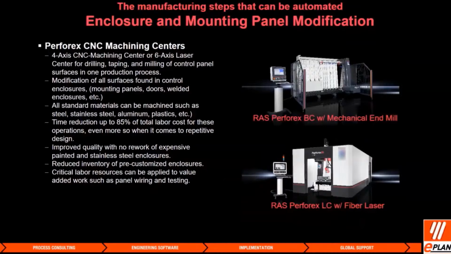So really being able to take stock enclosures directly off the shelf and modify them directly for your job's needs. And a really important point here, going back to the shortage of labor, is being able to use existing labor resources on the floor for much more value-added activities such as panel wiring and testing.